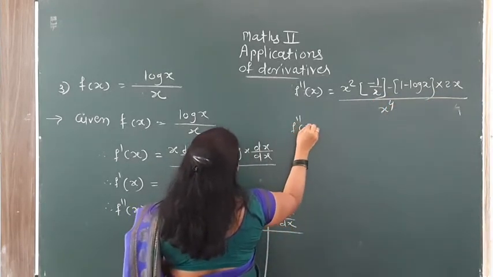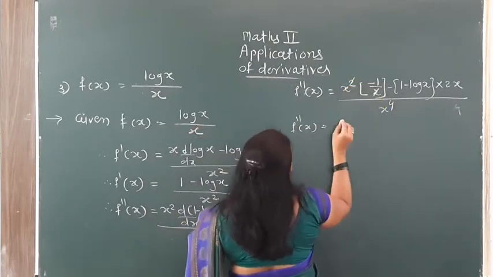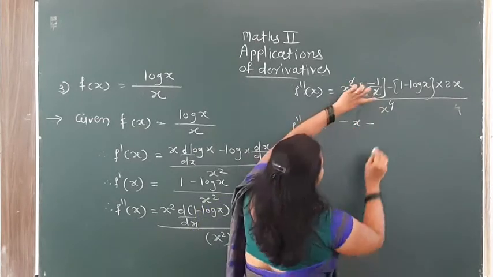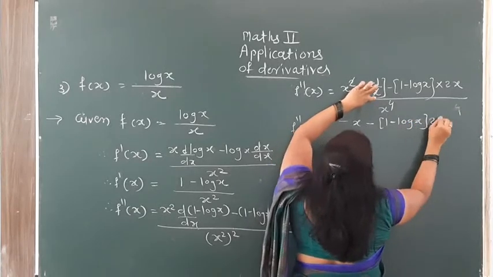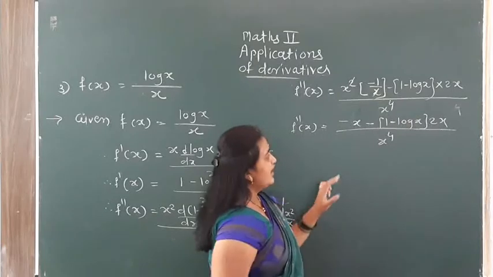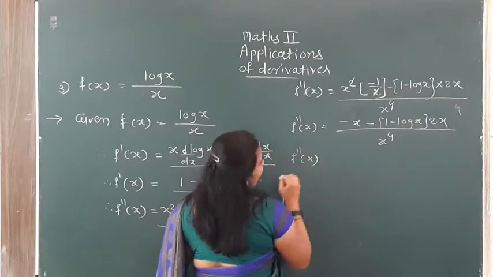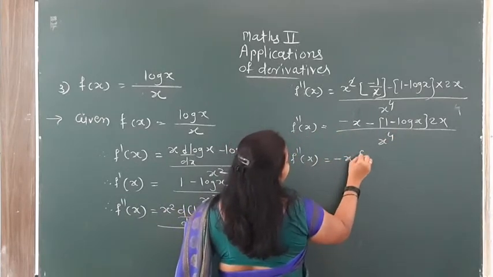f double dash of x is equal to, the x cancels, so minus x minus 1 minus log x times 2x, divided by x raised to 4. In this term, x is common, and the minus sign is also common, so take minus x outside.